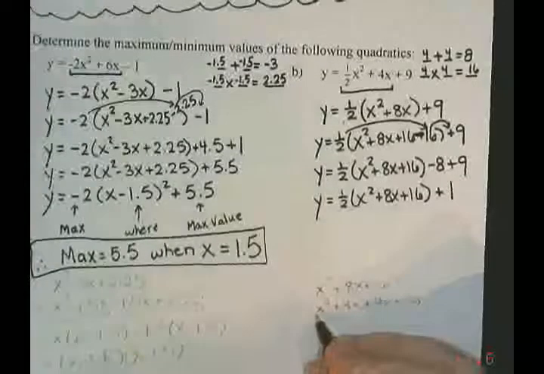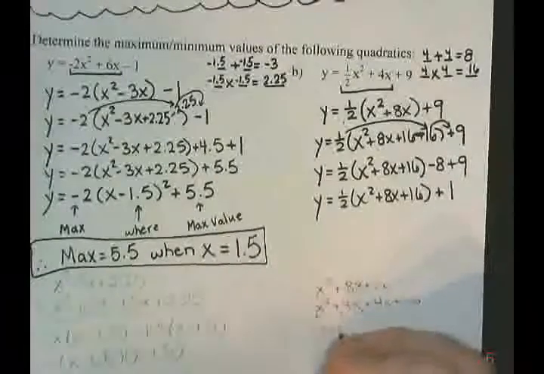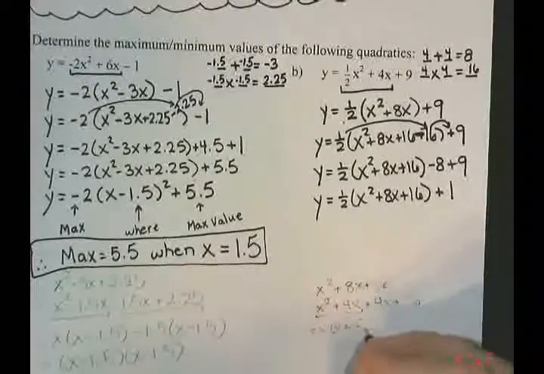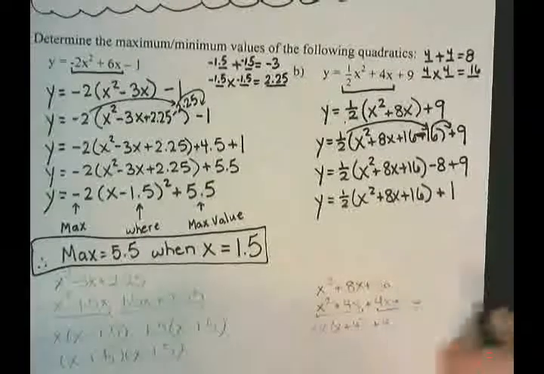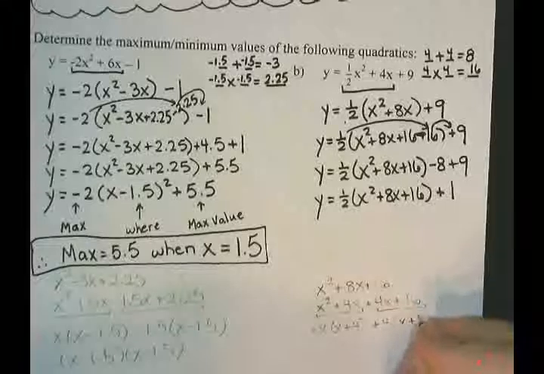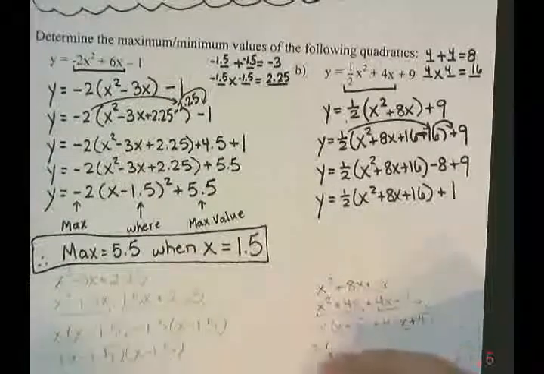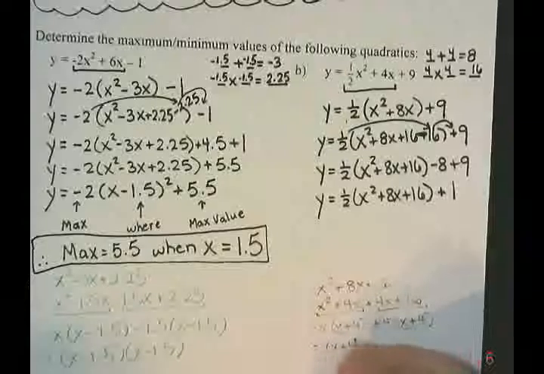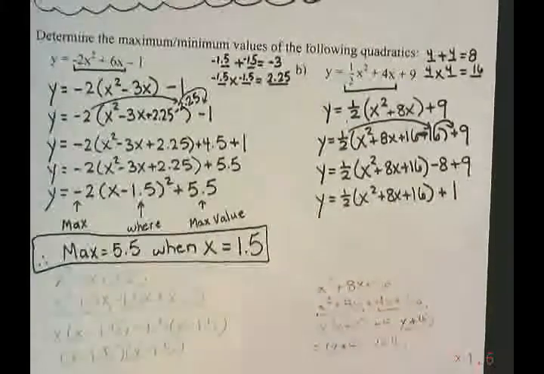Out of the first pair, I can take an x, and I'm left with x plus 4. Out of the second pair, I can take a 4, and we're left with x plus 4. So that's going to be x plus 4 times x plus 4, which is x plus 4 squared.